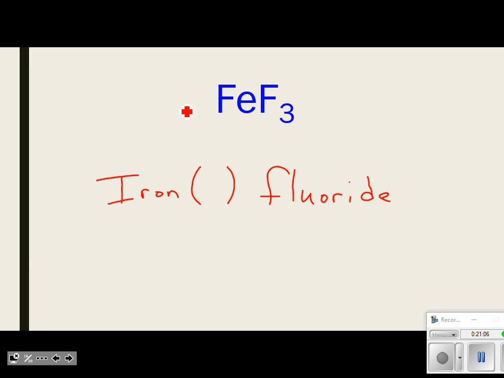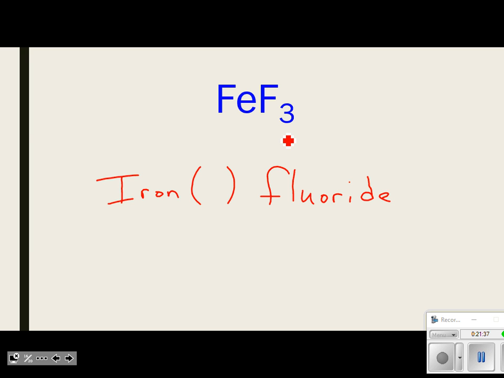Now I need to go back and figure out my Roman numeral. Okay? What charge is the fluoride ion? What charge does it take? Not how many are up there. What charge does the fluoride ion take, Will? -1. And how many of those do I have, Will? Just that one?